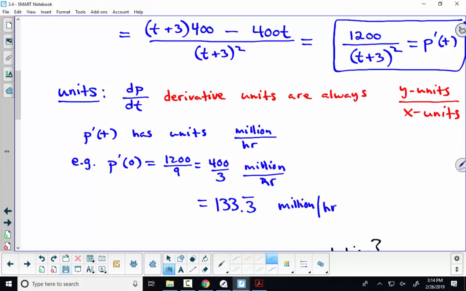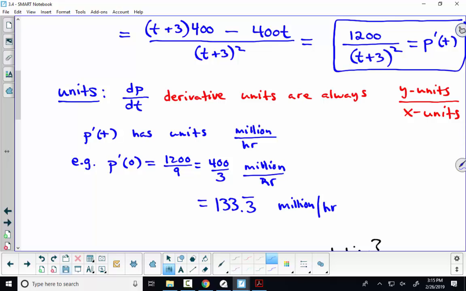So initially at t equals 0, the growth rate of the population was 133.3 million cells per hour. That's a pretty rapid growth rate. If you start off with whatever number and it's gaining 133.3 million cells per hour, the rate of change there is pretty rapid. So that's what the derivative is measuring for us.